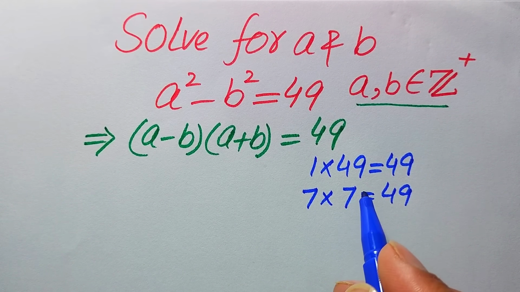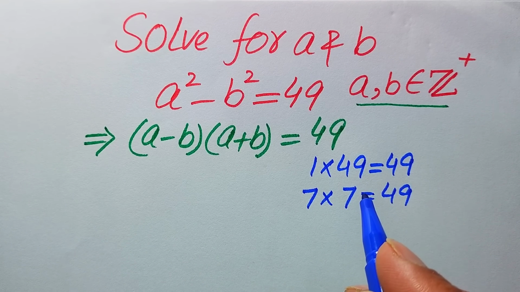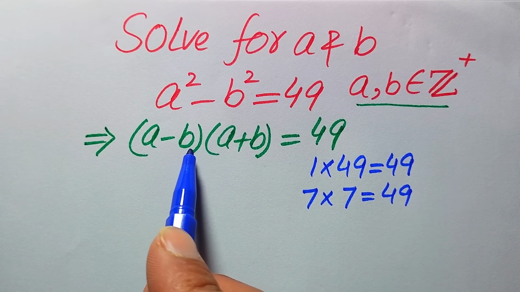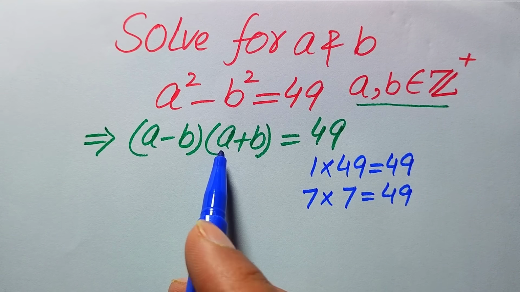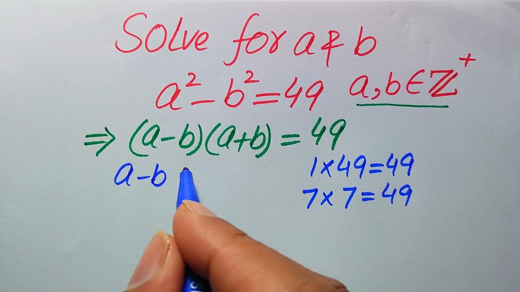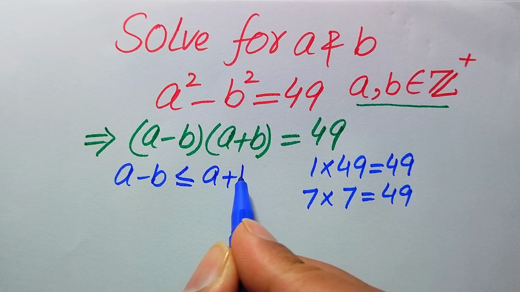So there are these two possibilities in which the product of two positive integers becomes 49, and in the left hand side we need to make the relation between these two values. You already know that the first factor is always less than or equal to the second factor.